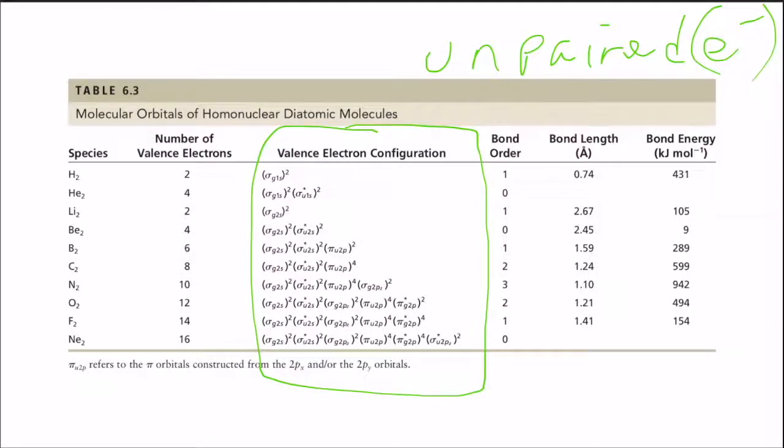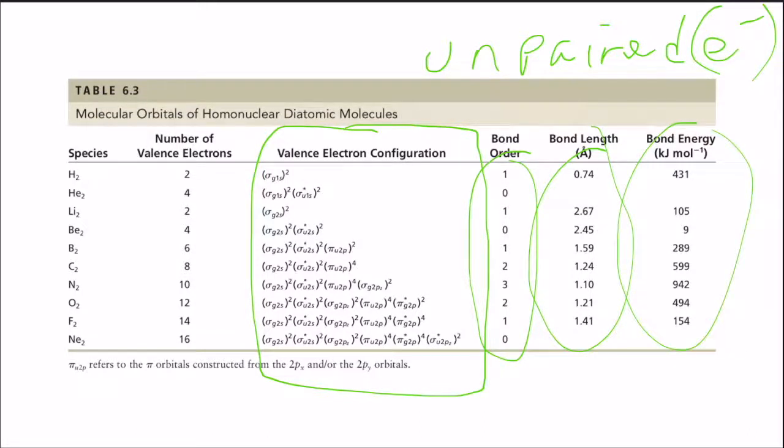If there are unpaired electrons, then it would be paramagnetic, as well as determining bond order, bond length, bond energy, okay? And you're all welcome to explore what is the bond length and bond energy of helium-2. It's a little bit challenging. You may find that the article is something like measuring the weakest chemical bond. And then you will find those values, okay?